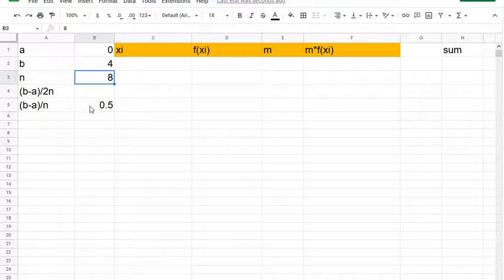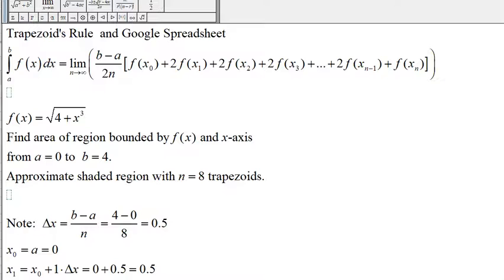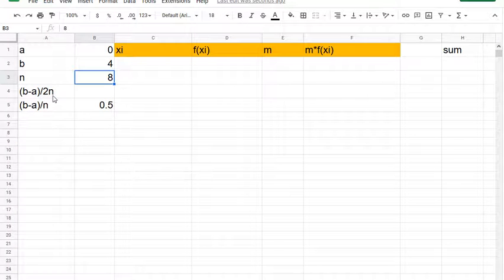And so that will give us a delta x of 0.5. And then notice that in the trapezoid rule formula, the expression in the front is b minus a divided by 2n. And so let's go ahead and calculate the expression b minus a over 2n.